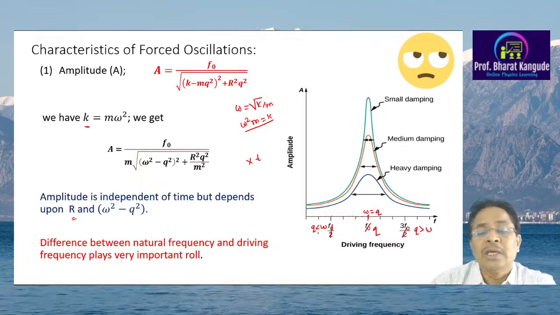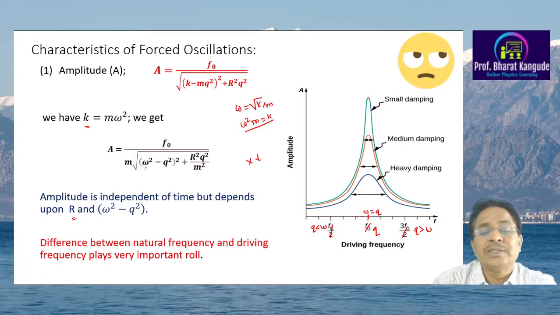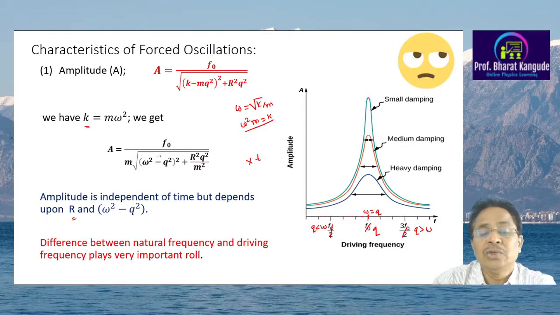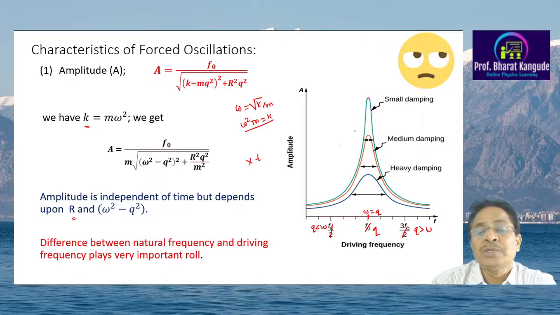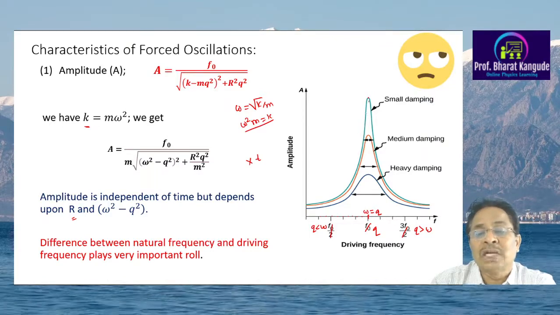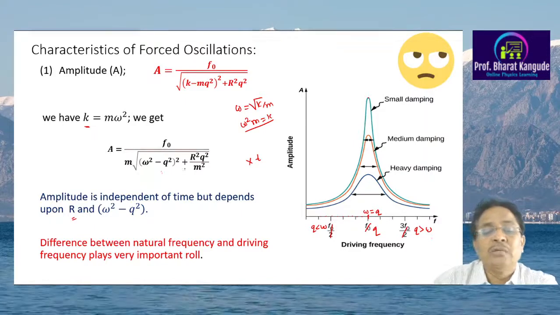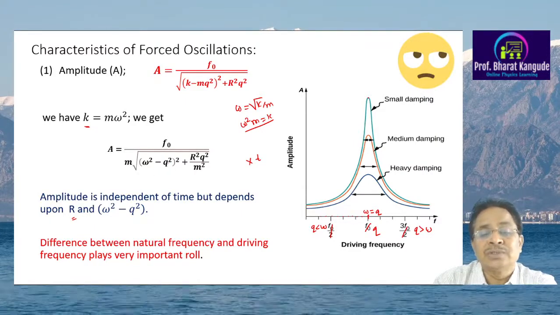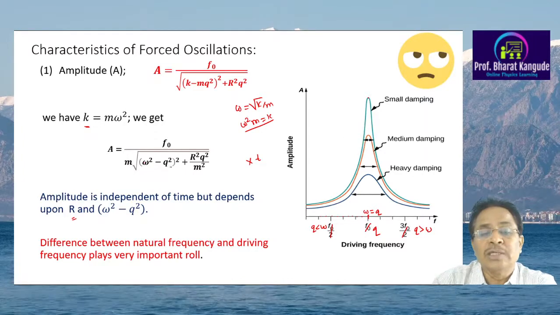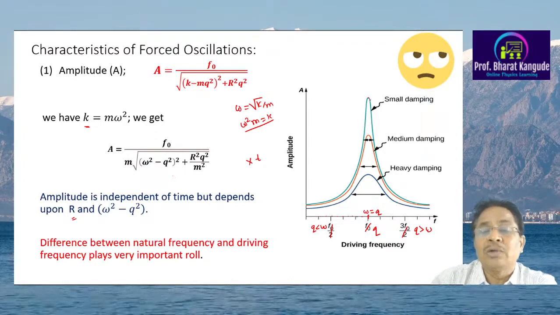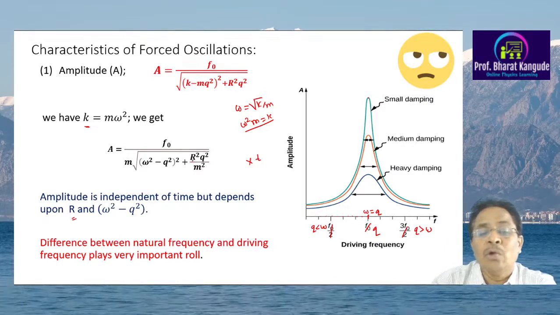And on the other hand, if q is less than omega, then this difference omega square minus q square, even though it is negative, the square of that has been taken, so it is positive. So this amplitude falls on that side from maximum. And when we get q greater than omega, even though it appears to be negative, since we are taking square here, this goes on increasing with square dependence, and therefore this amplitude starts falling here for a low value of r.